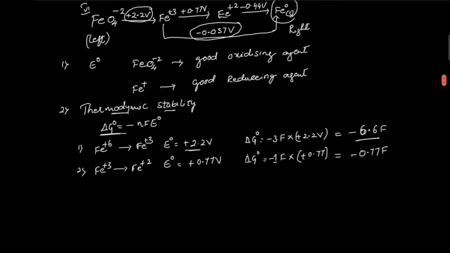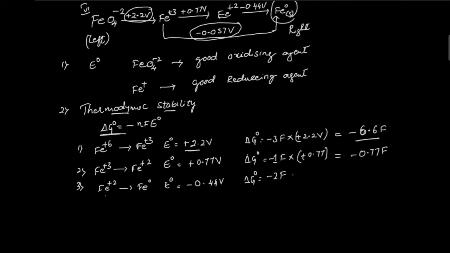And the third step, you can observe here, iron plus 2 is getting converted into iron 0. For this step, we have an E naught value, that is minus 0.44 volt. Delta G naught value will be, how many electrons are involved in this reaction? 2 electrons, minus 2 into F into minus 0.44 volt, which is equal to plus 0.88 Faraday's constant.